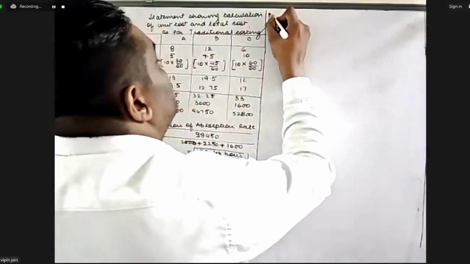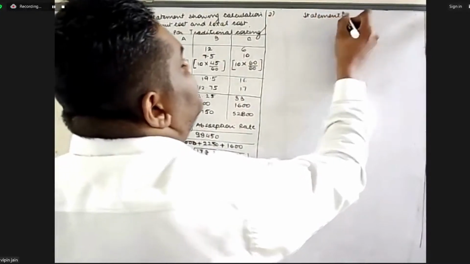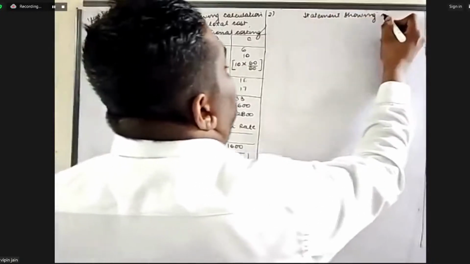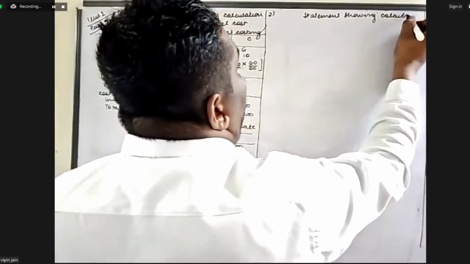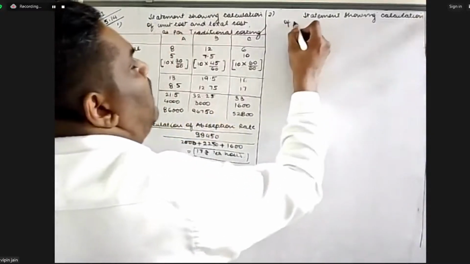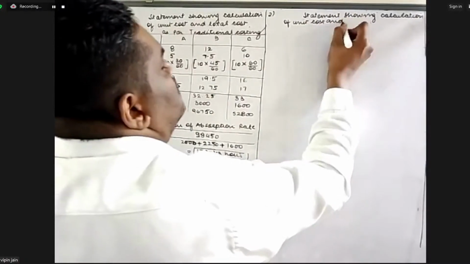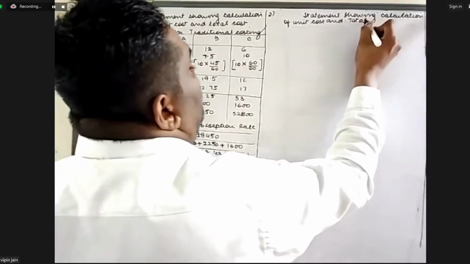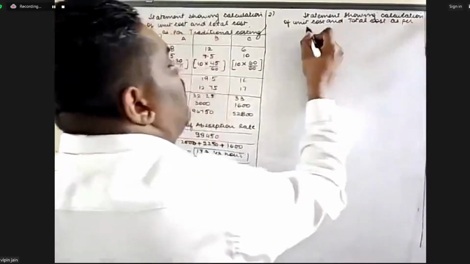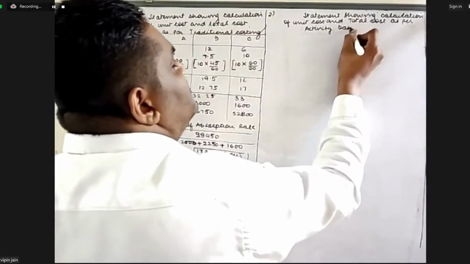So now second part, statement showing calculation of unit cost and total cost as per activity-based costing.